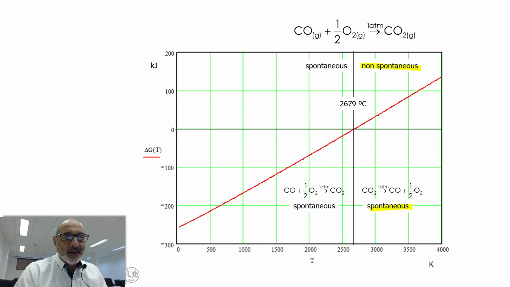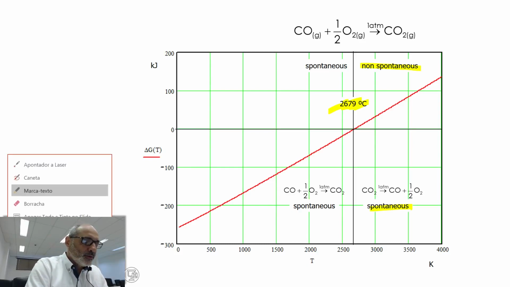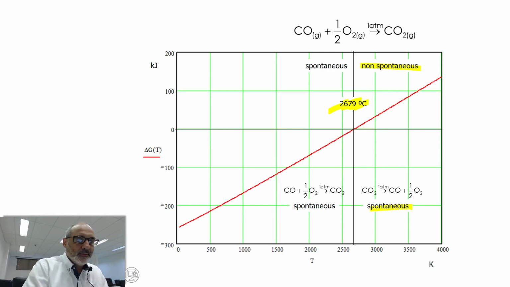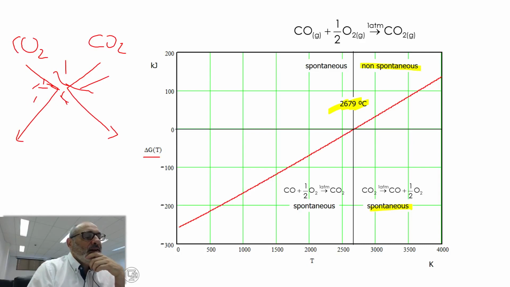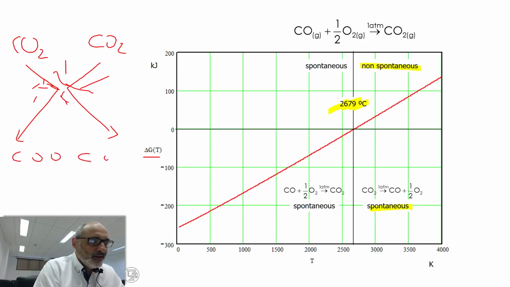So at very high temperatures, such as 2,600, CO2 molecules, let me draw here, CO2 molecules, when they bump, they have so much speed that, well, this is going to be a very nasty crash, okay? So in this situation, you may have COO, let's say COO, and they can mix.